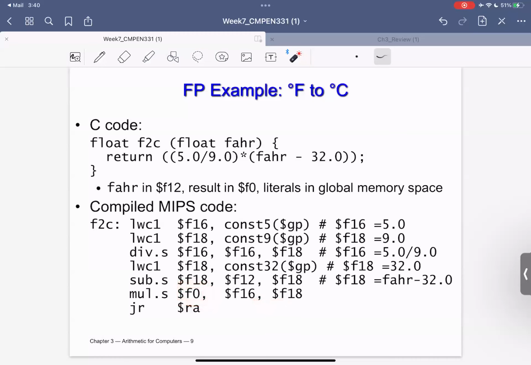And then as usual with any other function, as soon as I finish the function, I have to jump to register to return address register, meaning that I need to know where exactly to return after I have finished my function. So with these examples, we already knew like how to write something like that in MIPS.